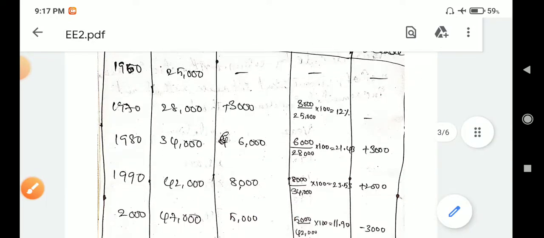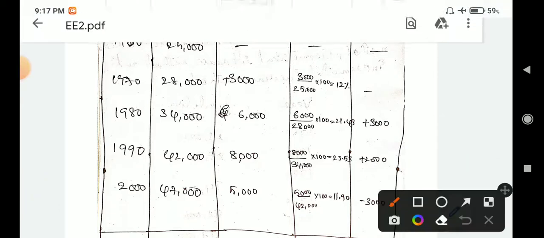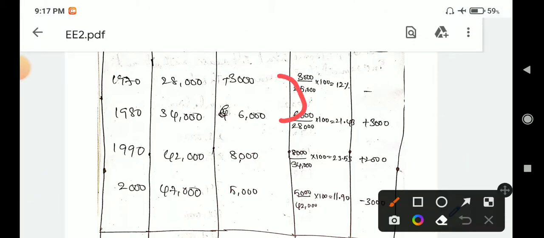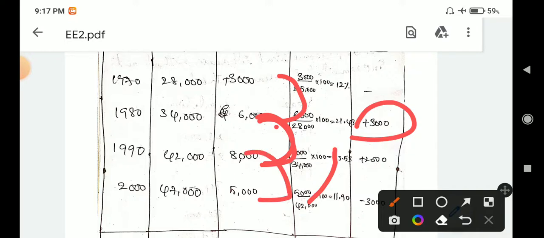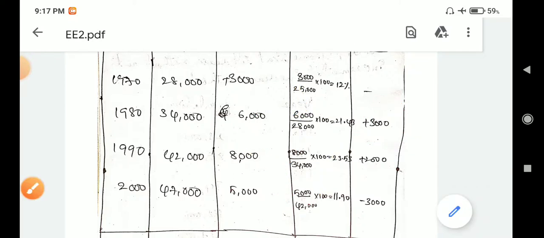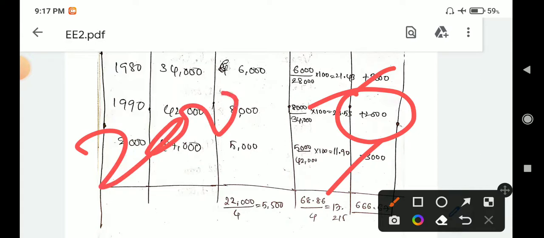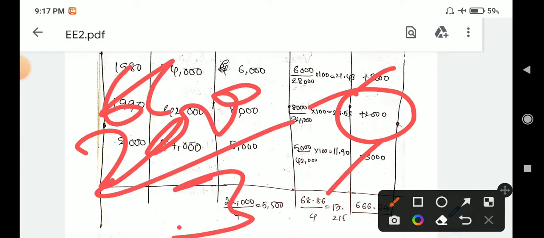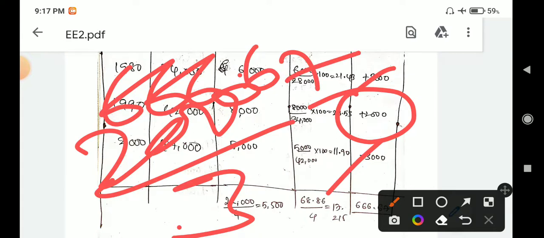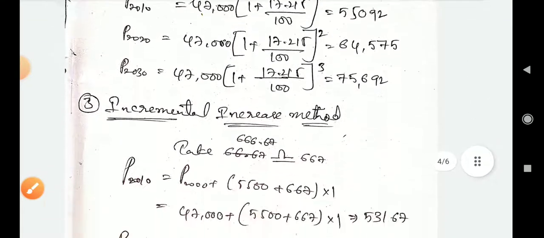This value came from 6,000 minus 3,000, plus 8,000 minus 6,000, plus 5,000 minus 8,000, which gives 3,000 plus 2,000 minus 3,000. 2,000 divided by 3 gives 666.67. This value is taken for the incremental method.